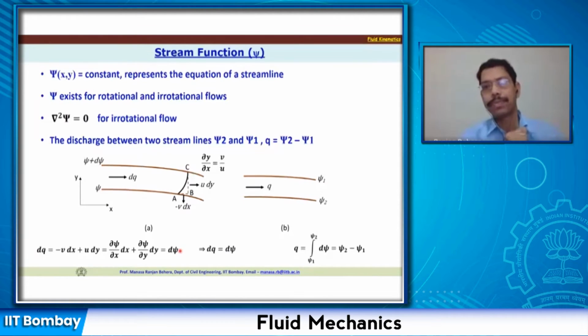All right. So you can find the discharge between two streamlines by taking the difference between the values of these two stream functions. This is a property which you can use very well in fluid kinematics.